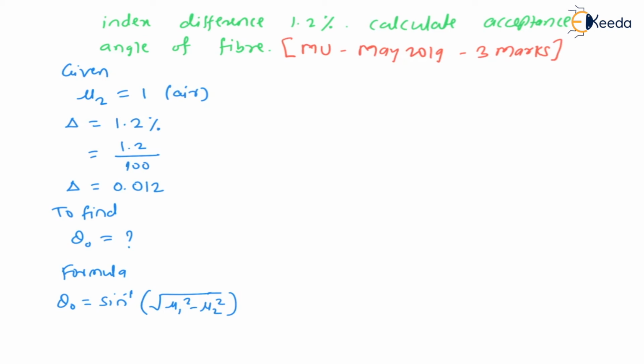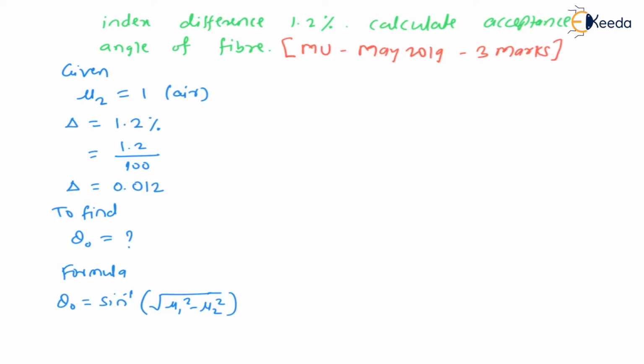Now see, to find this acceptance angle theta naught, we must have the values of refractive indices for both core and cladding. But here we only have the refractive index for cladding. So first of all, we have to find out the refractive index of core medium, that is mu1, and then we'll be able to find this particular acceptance angle.